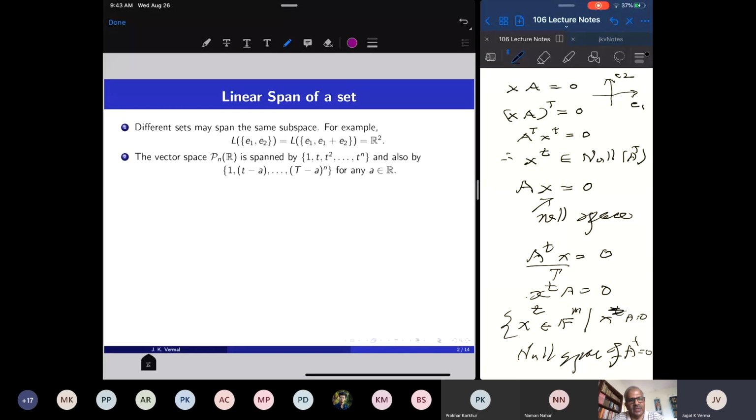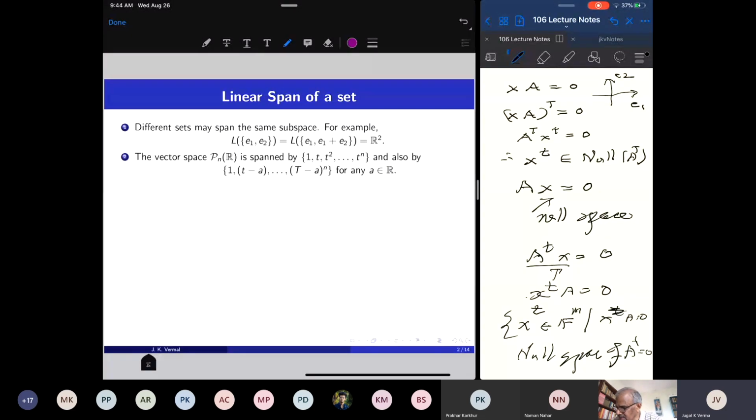So given a polynomial of degree at most n, I can write its Taylor expansion around a, and the coefficients will be derivatives of the given polynomial at t equal to a. So every polynomial of degree at most n can be written as a linear combination of these polynomials 1, (t minus a), up to (t minus a) to the power n.